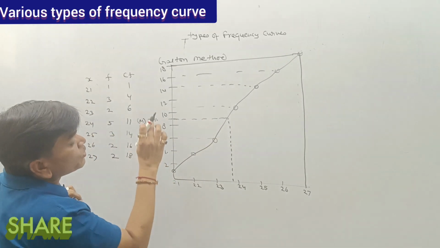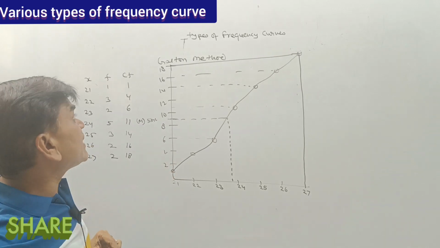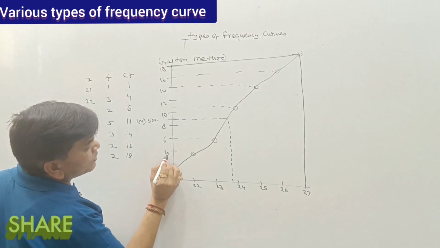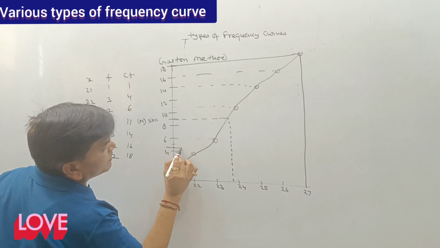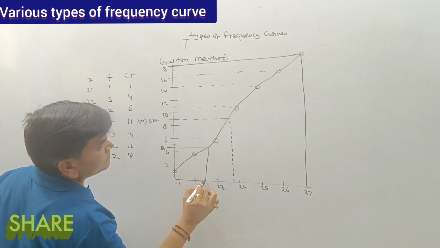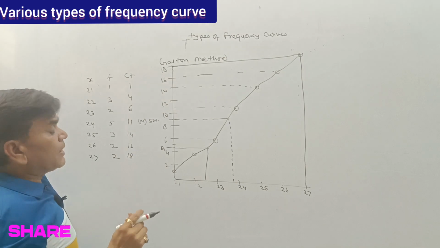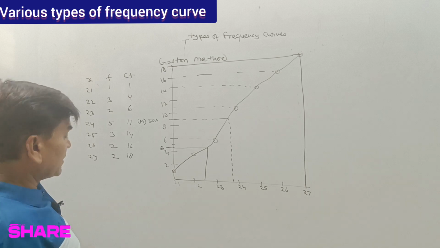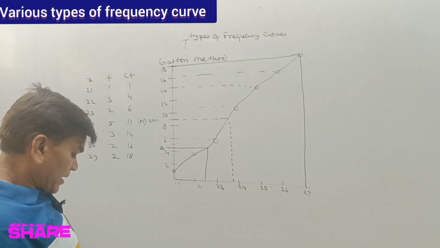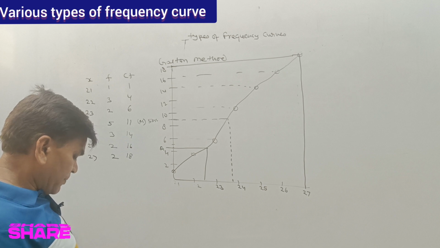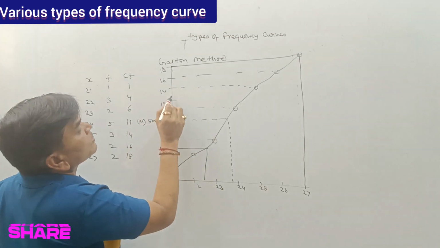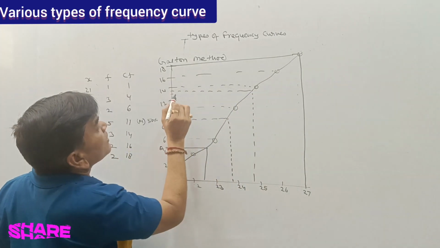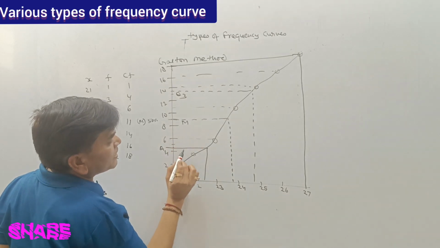To calculate Q1, 18 divided by 4 is 4.5, this will be the value of Q1. To calculate Q3, 75% of 18, that is 18 multiplied by 0.75, so the frequency is 13.5, and the value of Q3 will be like this. So this is Q3, this is the median value, this is the Q1 value.